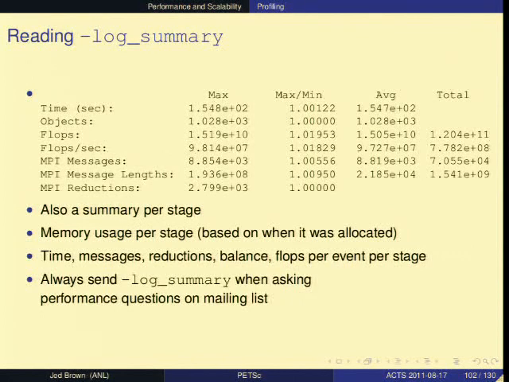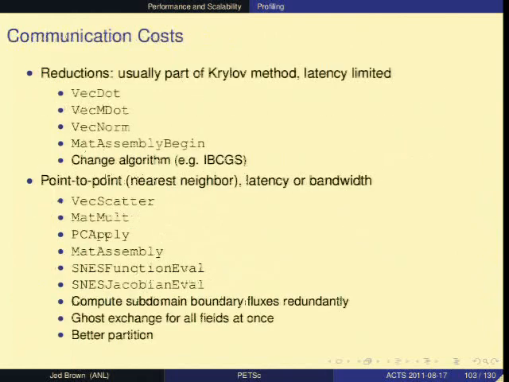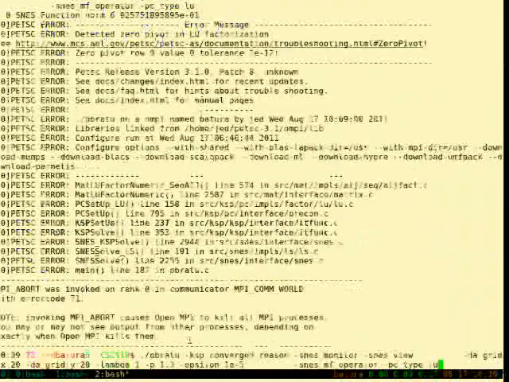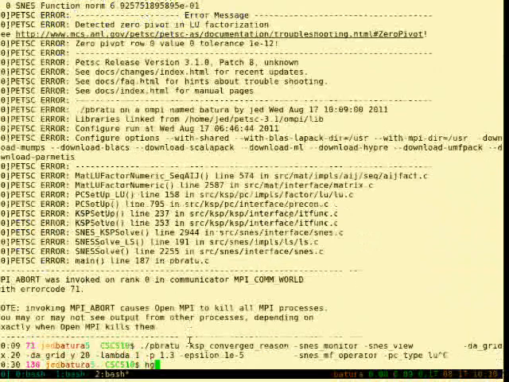So there's a summary up front of how much time and messages and things like that have occurred, and then there's a per stage. I have it here. Let's see.